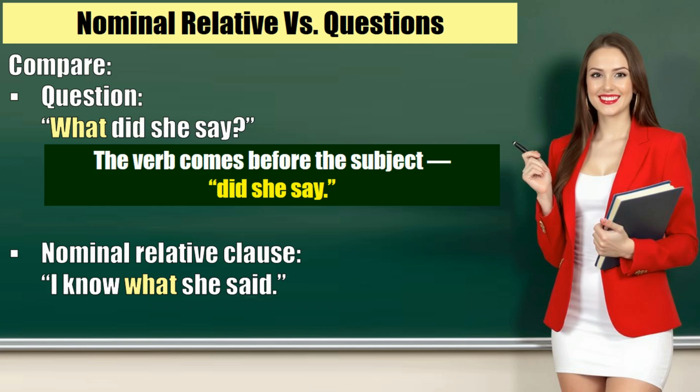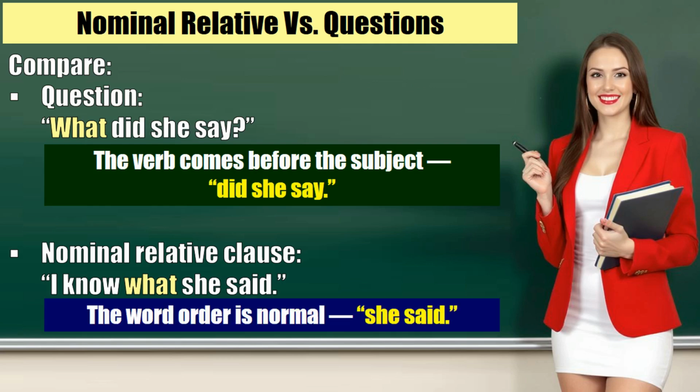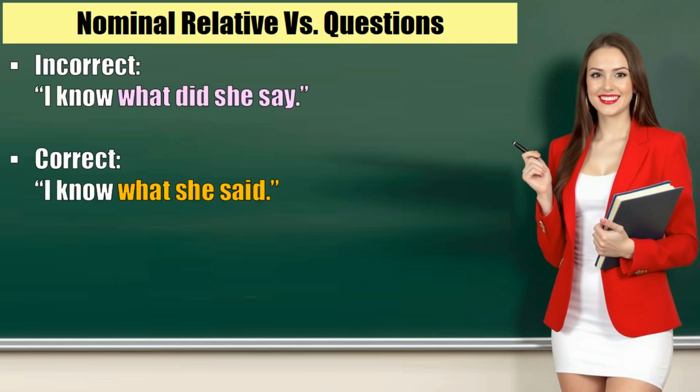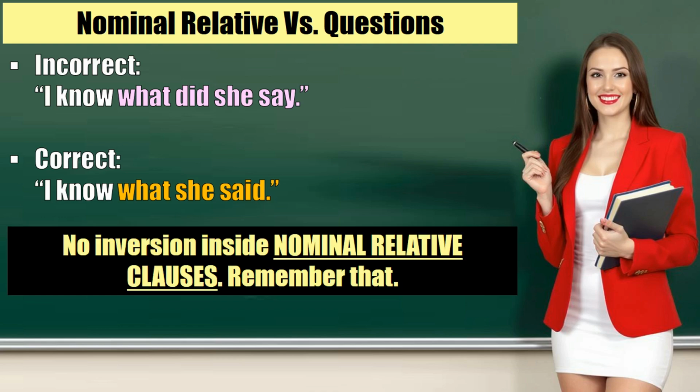Did she say? But in the nominal relative clause, the word order is normal. She said. This is very important. Many students make this mistake. Incorrect. I know what did she say. Correct. I know what she said. No inversion inside nominal relative clauses.